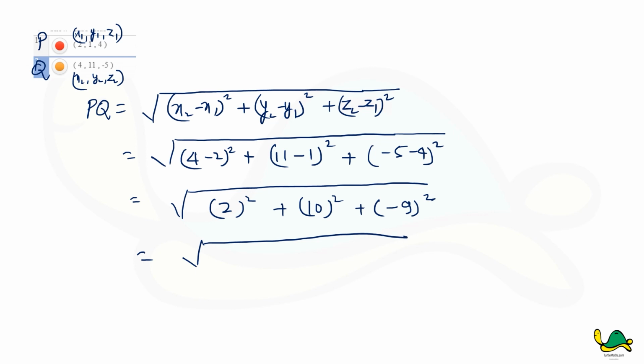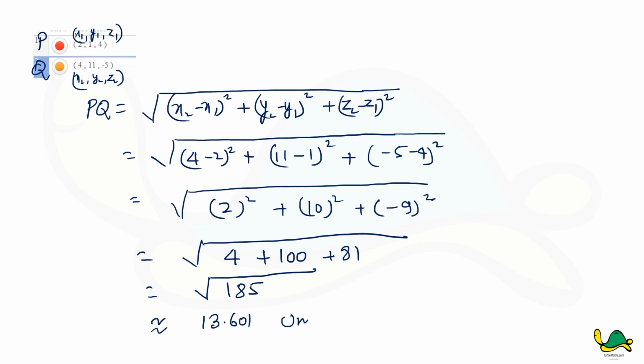Let's calculate their squares. 4 plus 100, and negative 9 square would be positive 81, and the result is 185. Square root of 185 comes out to be 13.601 units.